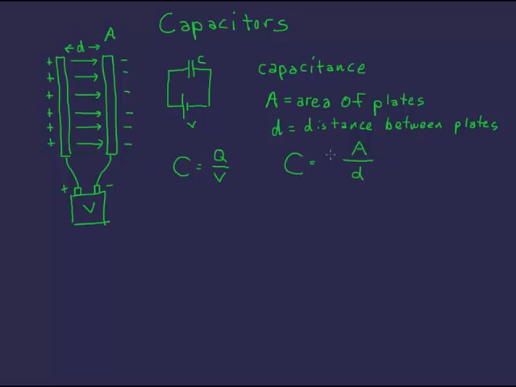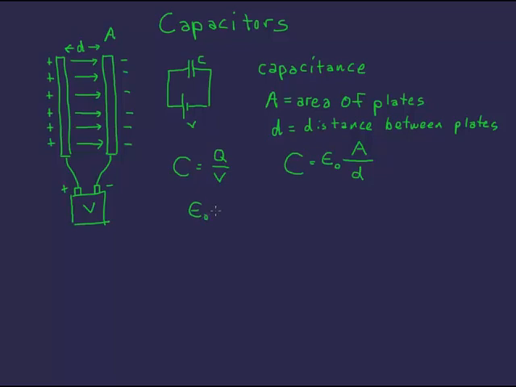Now there's a thing missing here, which is a constant, epsilon naught. This is the same epsilon naught that we learned about when we learned about Coulomb's law and the alternate version of the k constant. So I told you it would come back again when we talked about capacitors, and here it is.